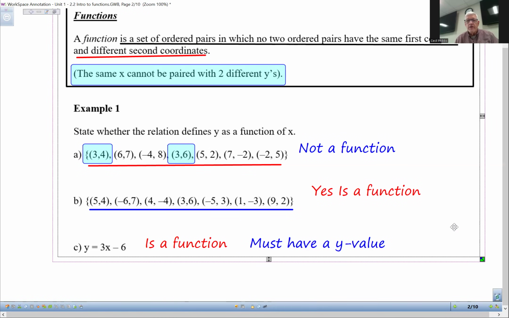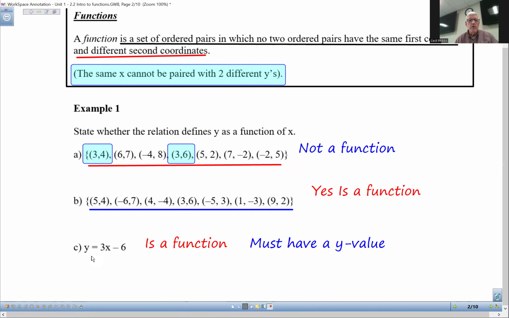As long as there is a y value in your equation, then your linear equation is a function. It could be as simple as y equals 3x, or it could even be something like y equals 4. As long as the y variable is part of the equation, it is a function. If there's no y value and it's just x, then it is not a function.